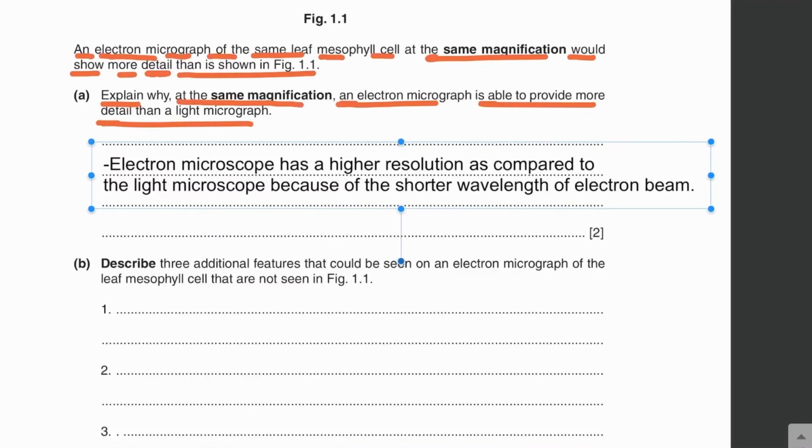We cannot talk about magnification over here because the examiner says explain why at the same magnification. So we need to keep the magnification constant and then we have to explain why an electron micrograph is able to provide more details than a light micrograph.